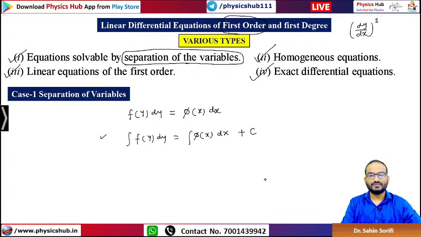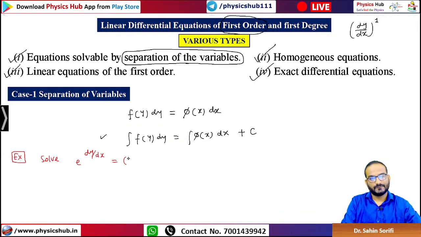Okay. Let us take an example. I am giving you that solve e to the power dy/dx equals x plus 1, and this arbitrary integration constant can be removed by the initial condition given: y equals 3 at x equals 0.